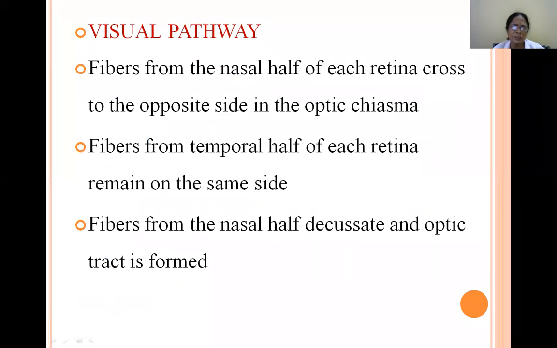Now, let's discuss a little about the visual pathway. The fibers on each side cross near the optic chiasma. The nasal half of each retina's fibers cross to the opposite side in the center, the optic chiasma. Just now we have seen. Fibers in the temporal half of each retina remain on the same side. The fibers from the nasal half decussate and the optic tract is formed.